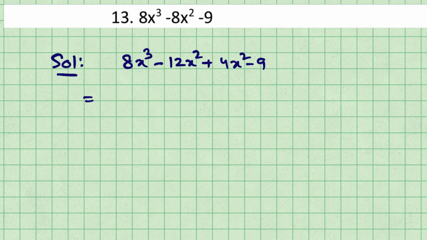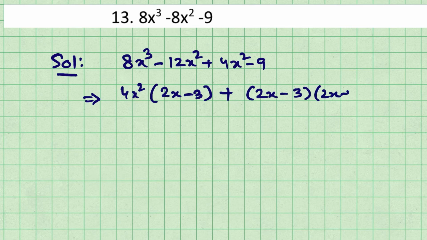Now I can take common. In the first two terms, if I take common, then I'll get 4x square, will be left with (2x minus 3). Similarly, in the last two terms, I expand using (a plus b) into (a minus b).